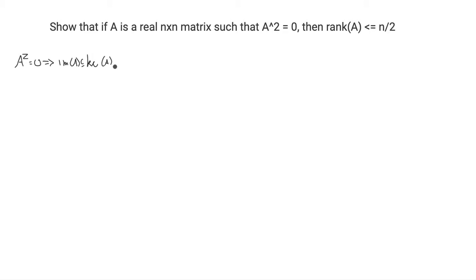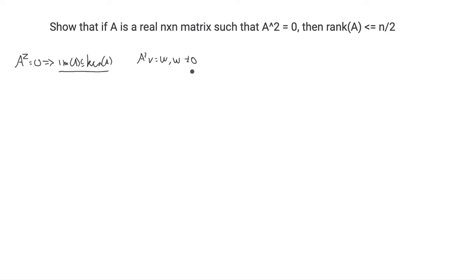Then, because it's in the image, there exists some pre-image vector such that A sends that pre-image vector to v. And then A squared on that pre-image is going to be some other vector, w, where we get A v equals w, where w is non-zero since v was not in the kernel of A. Well, now we've shown we have A squared sending something to non-zero, therefore A squared could not be the zero map, therefore our assumption is false, so we have this statement.